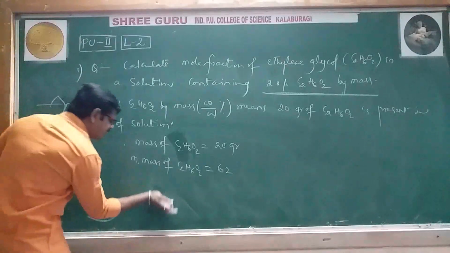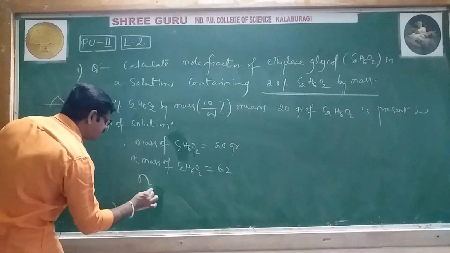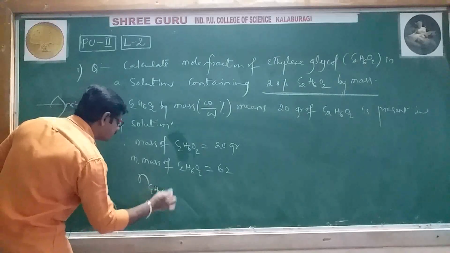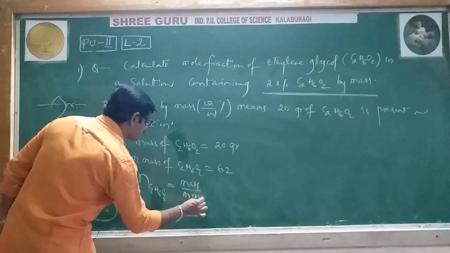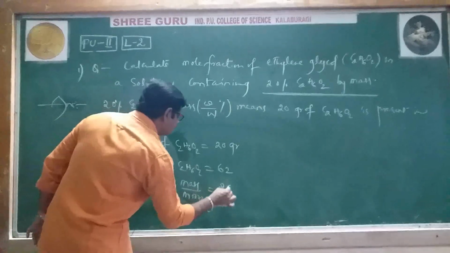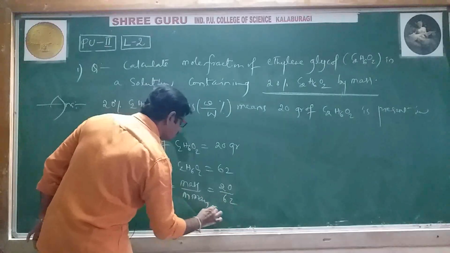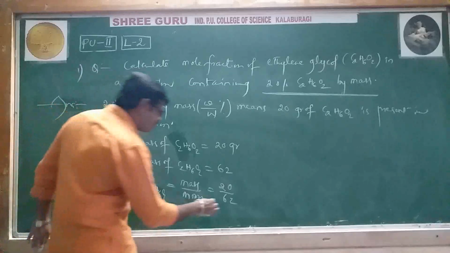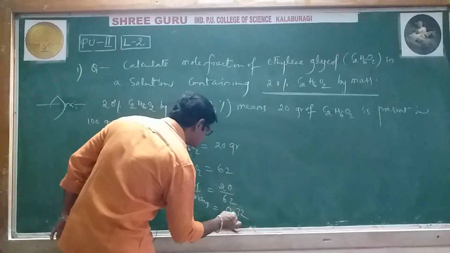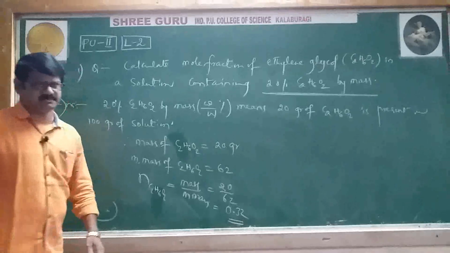Now we will find the number of moles of ethylene glycol. That is mass divided by molar mass: 20 divided by 62, which is 0.32. It is the number of moles, right?